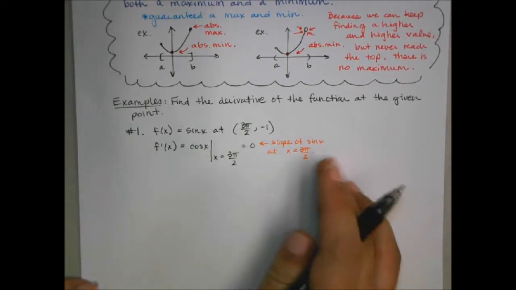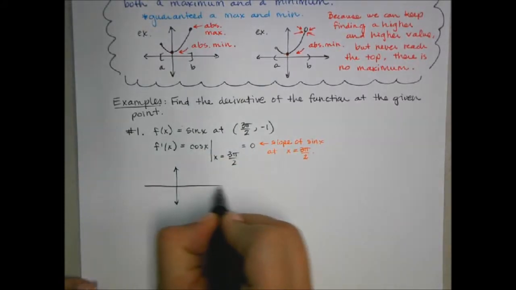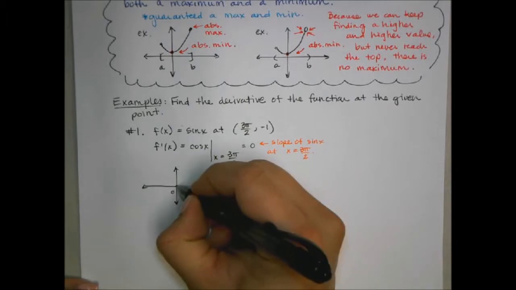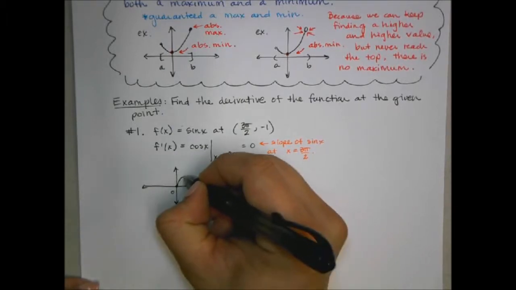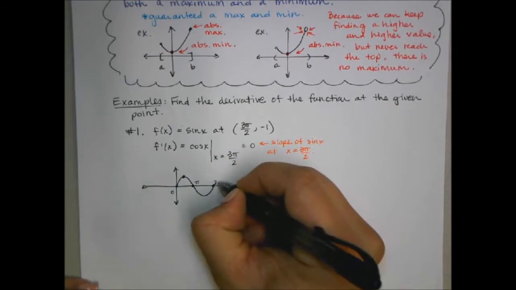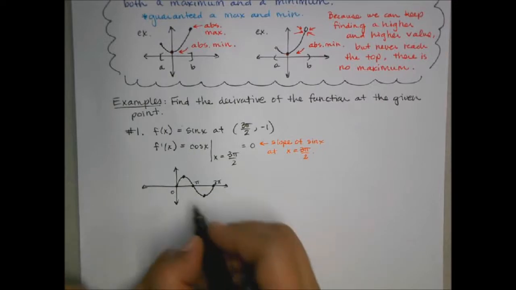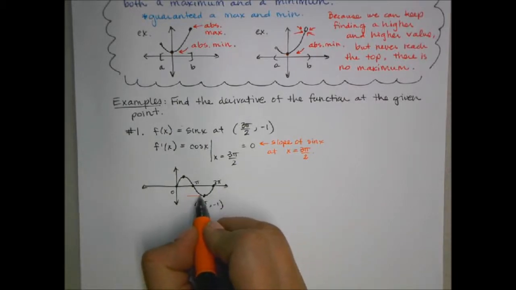So let's put this into a graphical perspective. If you draw out sine, so pi, 2 pi, and 3 pi over 2, negative 1 is this point here. Notice because it's a minimum, we said there was a slope of 0.